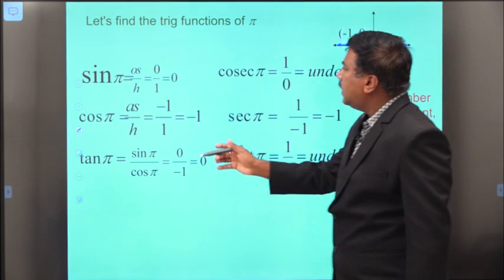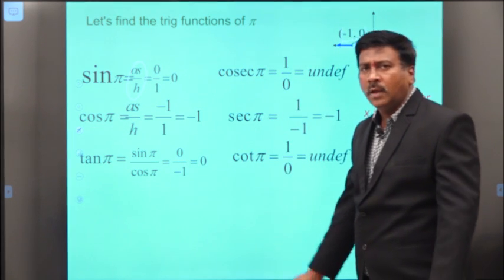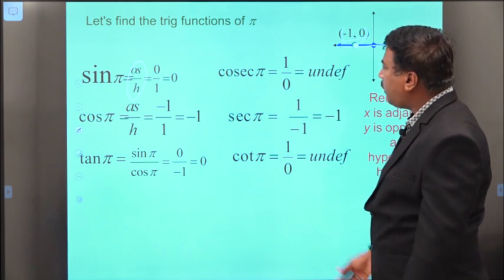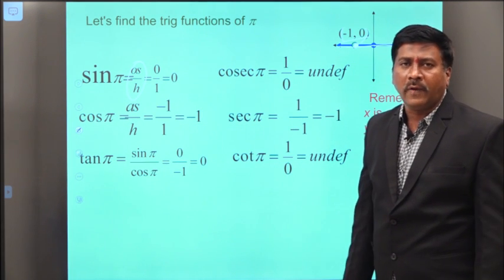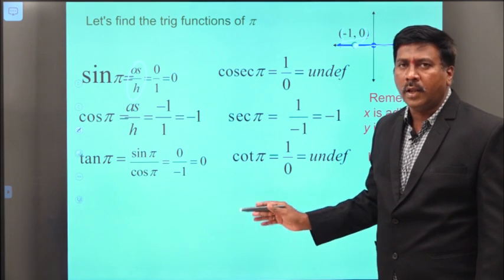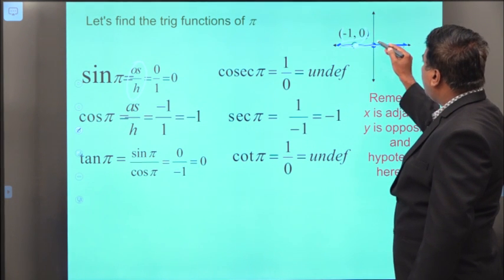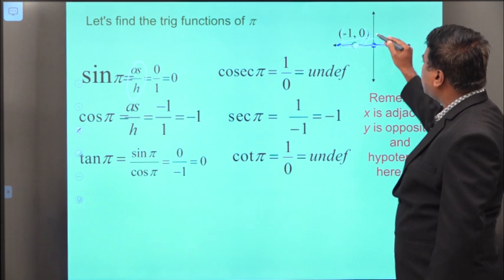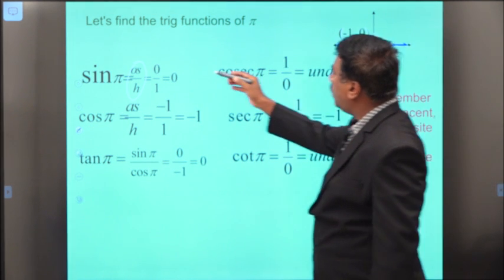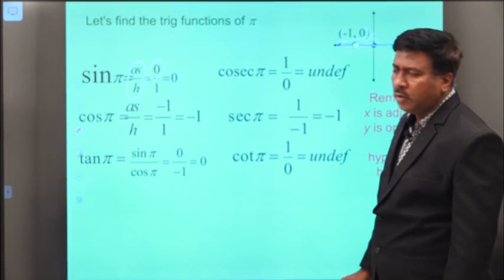Therefore, sin pi is equal to, what is the formula? Opposite side by hypotenuse. The hypotenuse value is always positive. That means we consider the unit circle, therefore h is equal to 1. Here the angle made with the positive x-axis is pi. So for sin pi, the opposite side is equal to 0 and the hypotenuse value is equal to 1.